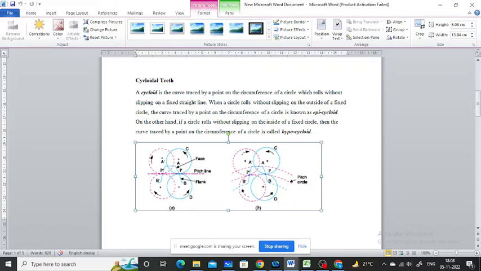Okay, and there is another thing: when the two gears are meshing.